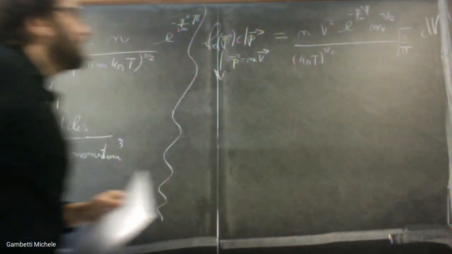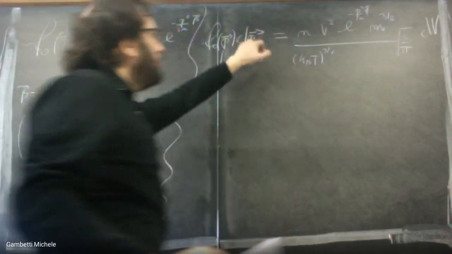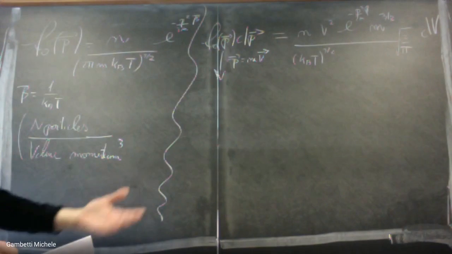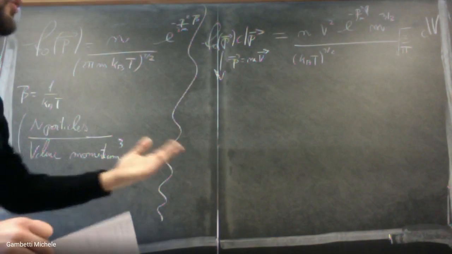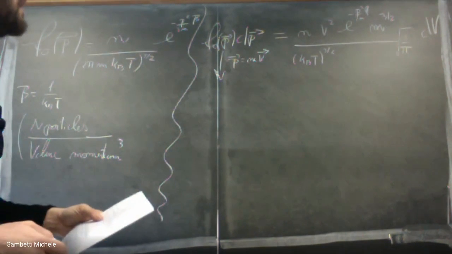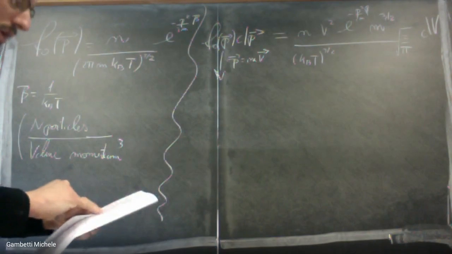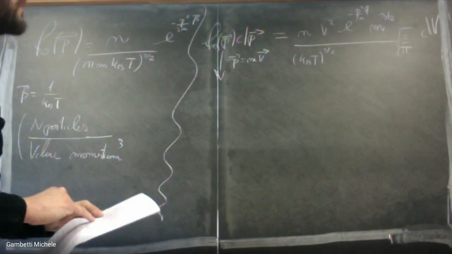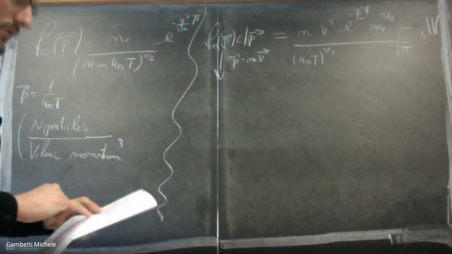Okay, so this is just, if I take this expression, I multiply by dp, I go to spherical coordinates, and that's it. I have a 4 pi, and that's it. So let me check if I have all the numbers in a consistent way. So v squared exponential, the mass goes there. Then we have the kBT in the denominator, and square root of 2 divided by pi.